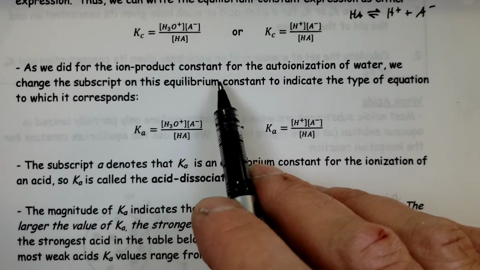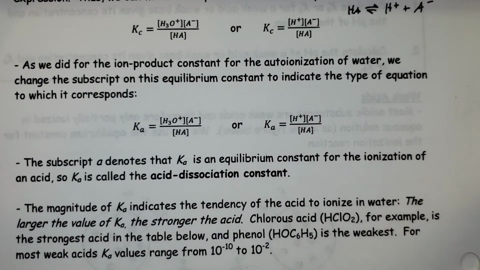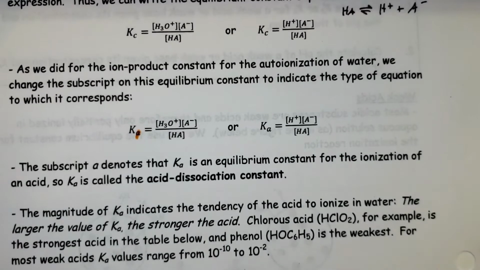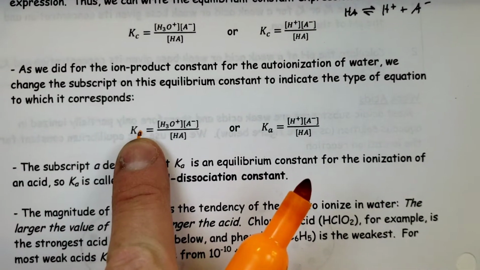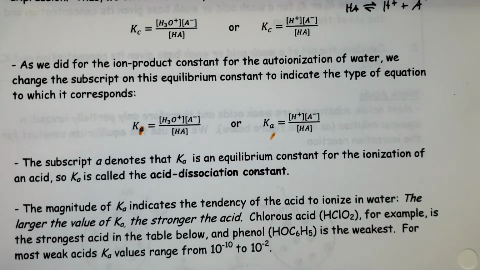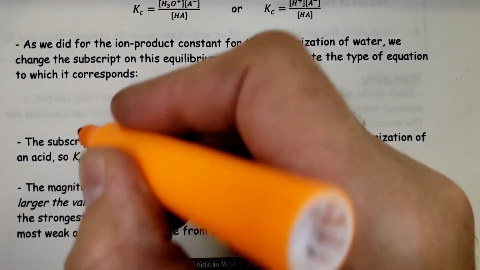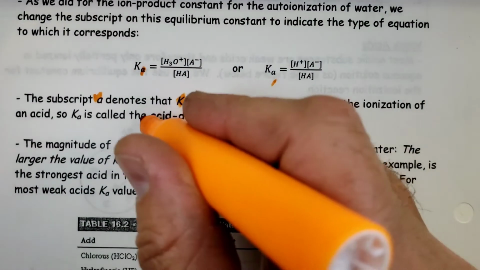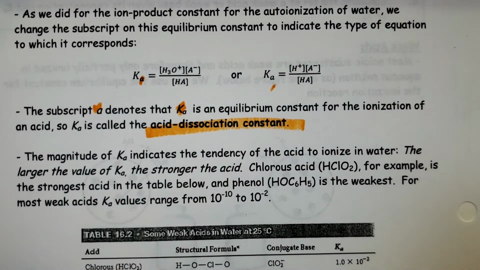As we did for the ion product constant for the autoionization of water, we changed the subscript from Kc or Keq to Ka to represent the acid dissociation constant. So the subscript A denotes that Ka is the acid dissociation constant.